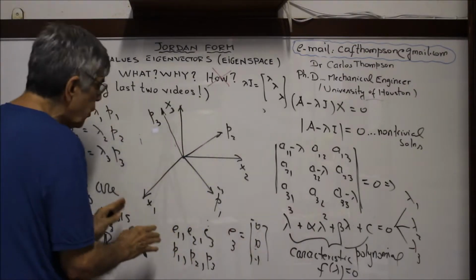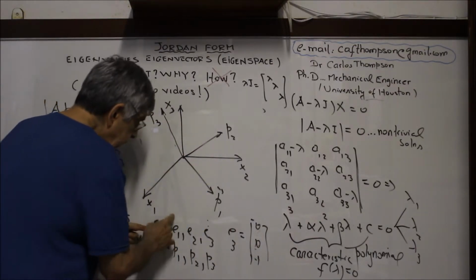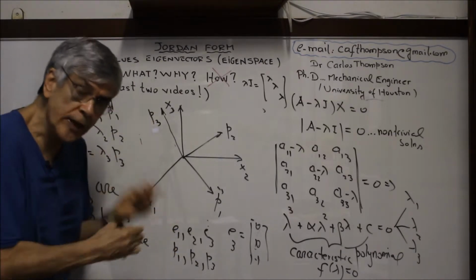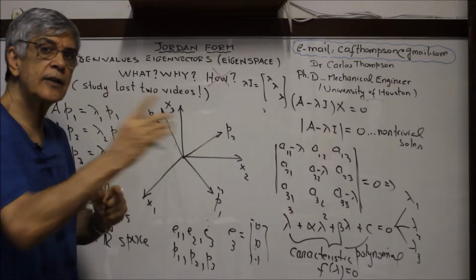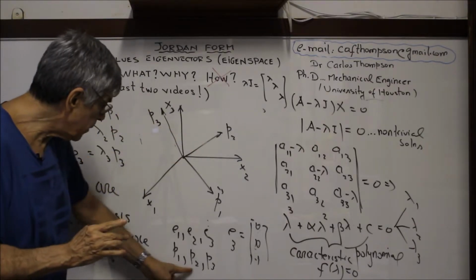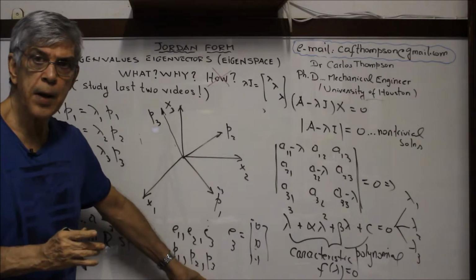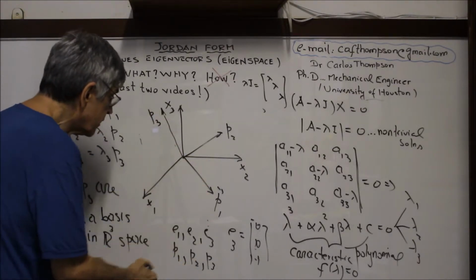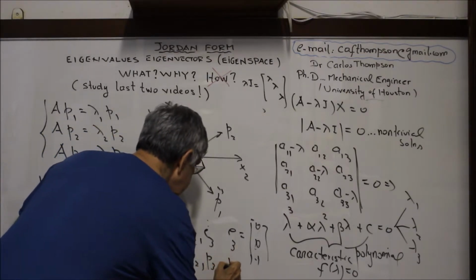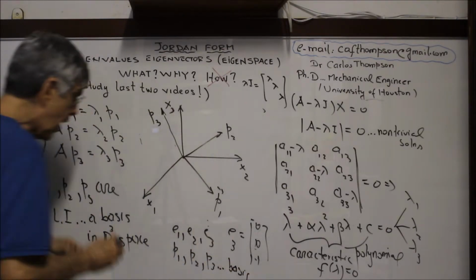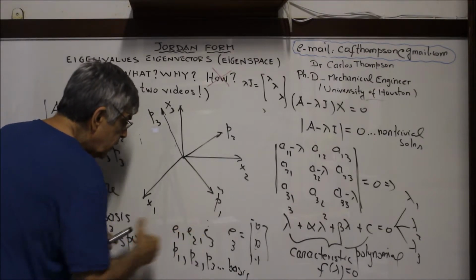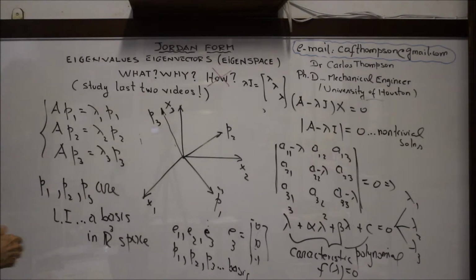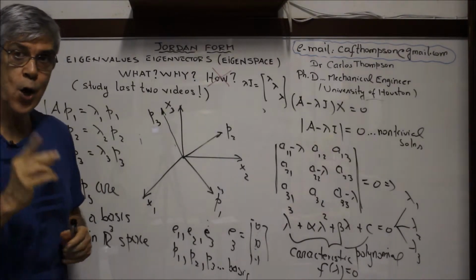Just for you to understand, for E1, E2, E3, I see the components of the canonical basis. But P1, P2, and P3, by themselves, form a basis. That's a basis. E1, E2, and E3 is a canonical basis.